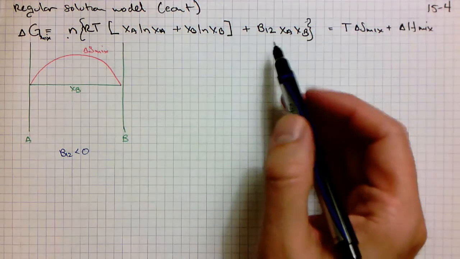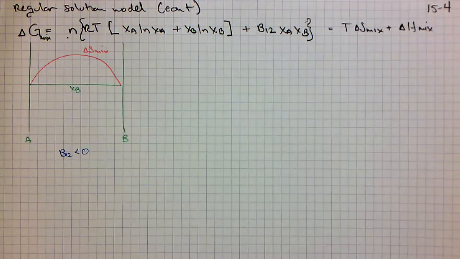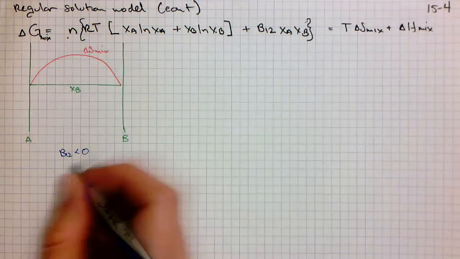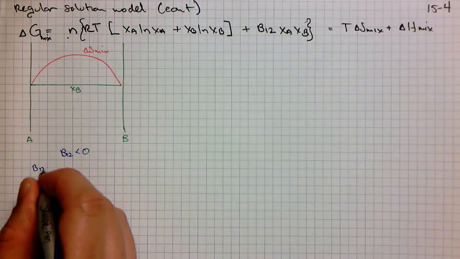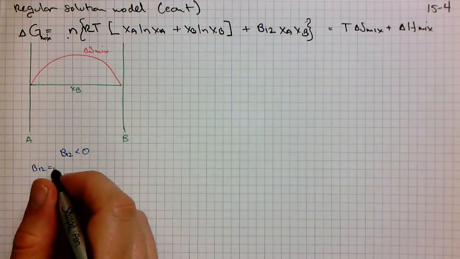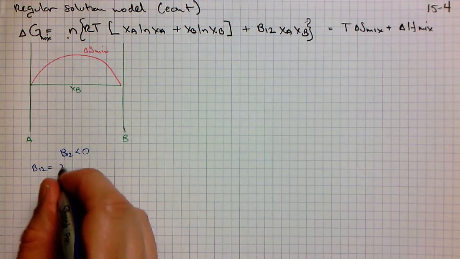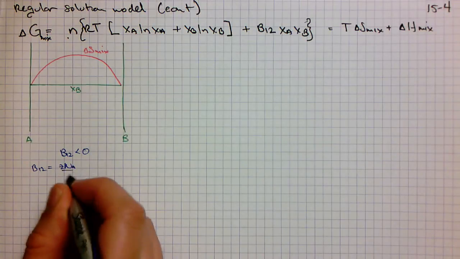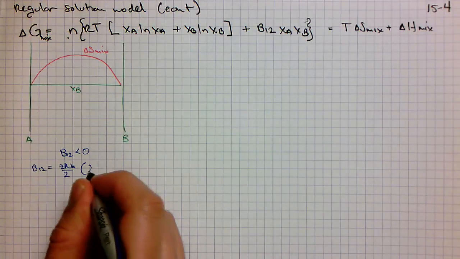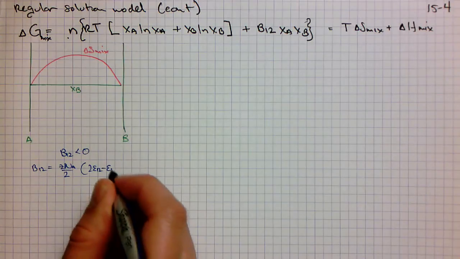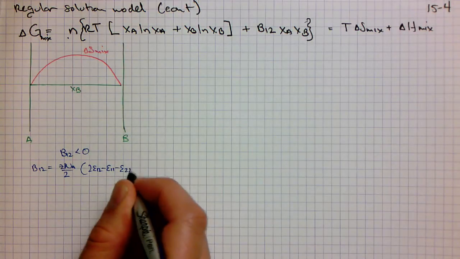And what does that mean? Now remember, B12 is equal to Z times Avogadro's number over 2 times 2 epsilon 12 minus epsilon 11 minus epsilon 22.